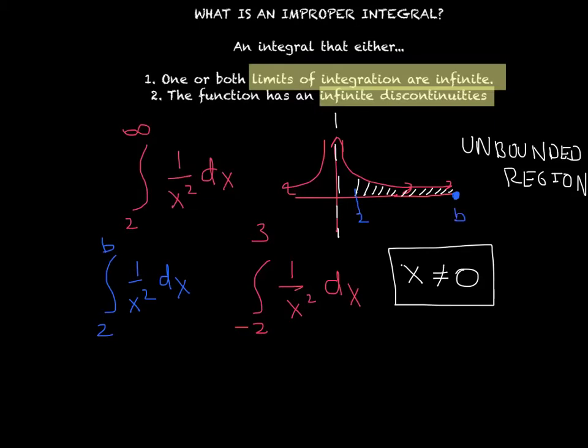We can find that. Then you turn the problem into a limit problem and take the limit as b approaches infinity. That is the way we're going to evaluate the area under the curve, by turning it into a limit problem.